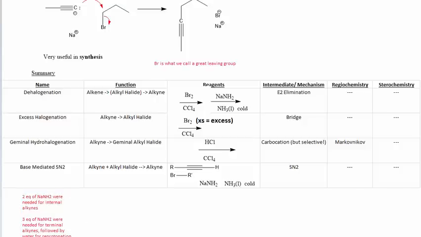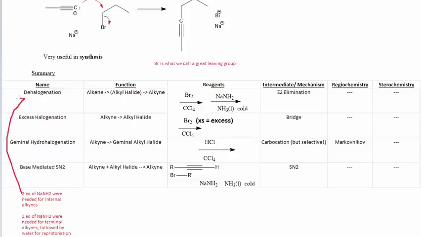Again, this is pretty subtle, so I would say look back at this if you didn't understand it. And this pertained to this reaction. The second one we looked at was excess halogenation.